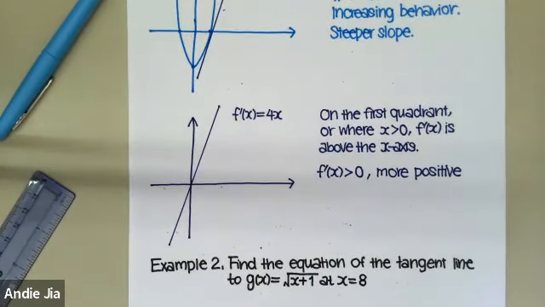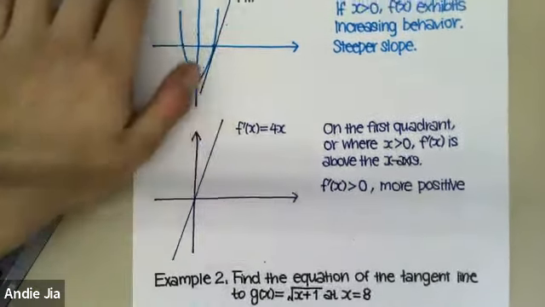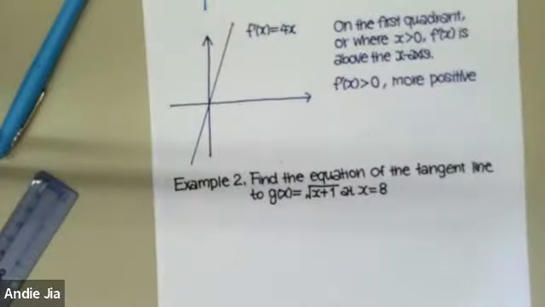So it's the same thing, we just find g prime of x first.